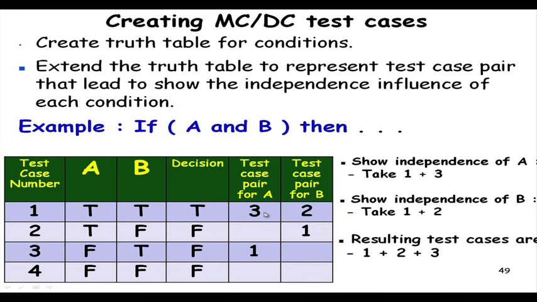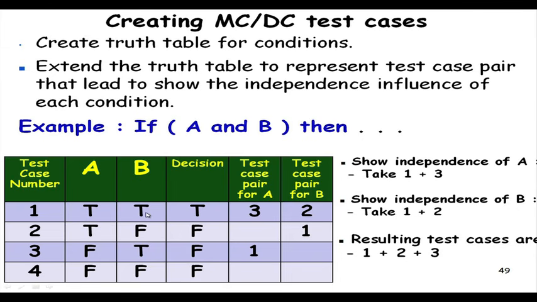Now, what about B? The test case pair for A is 1 and 3, and we will check that for 2 we cannot achieve the independent evaluation for the first atomic condition A, and with 3, of course, with 1 we will achieve the independent evaluation of A.